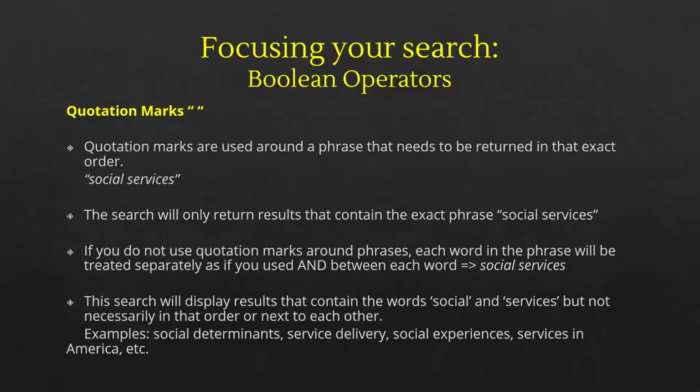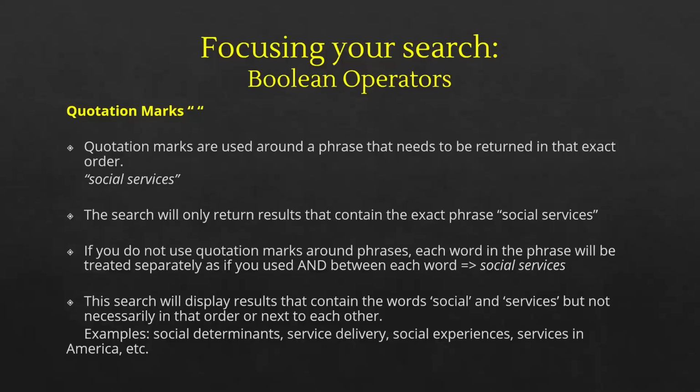If you don't use the quotation marks around phrases, the database search will pull up thousands and thousands of sources of information where, in the title, social could be anywhere and services could be anywhere. So you're pulling up a whole lot of random pieces of information that you don't need.